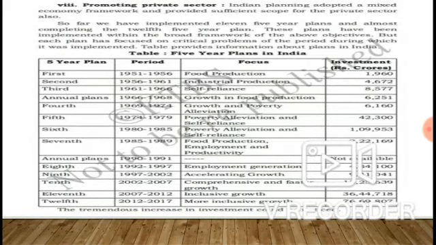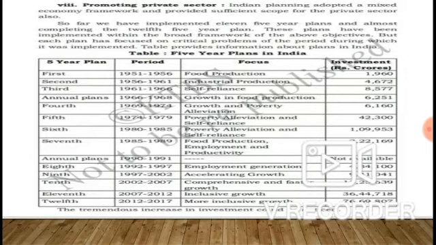Then the eighth one, promoting private sector. Indian planning adopted a mixed economy framework. You know that in our India the mixed economic framework is there, and it provided sufficient scope for the private sector also.